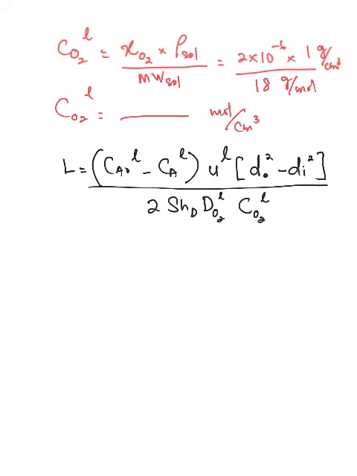So kita dah kira semua ni, just insert the value, then you will get the length. Oh, by the way, this value, so kalau kita tak letak negatif, sepatutnya ada negatif, walau even though dia positif, but okay, so yang ni you kira sendirilah. You will get the length in centimeter.